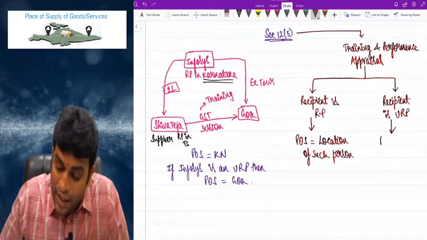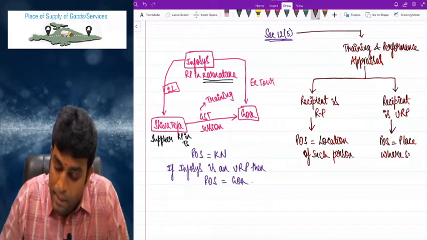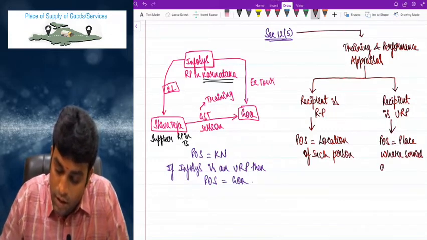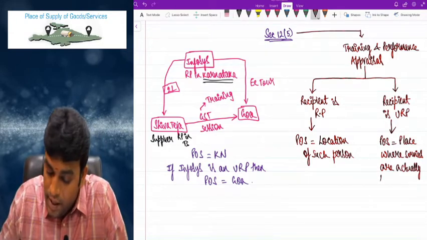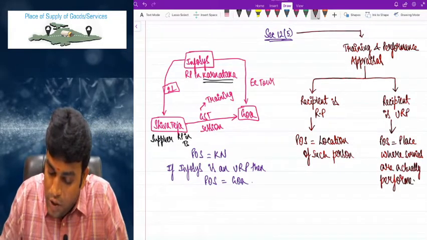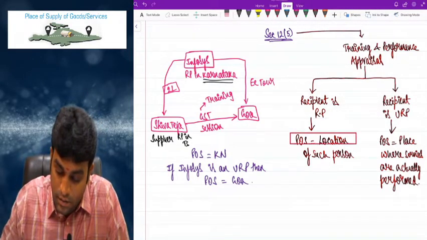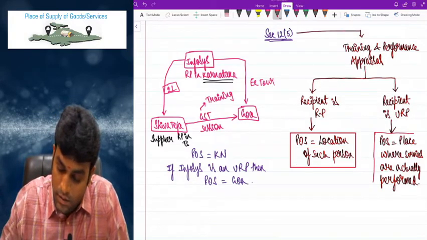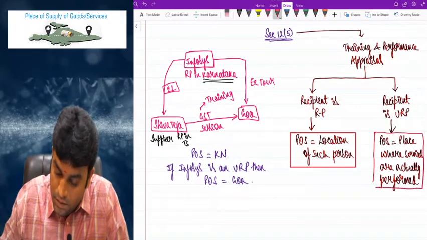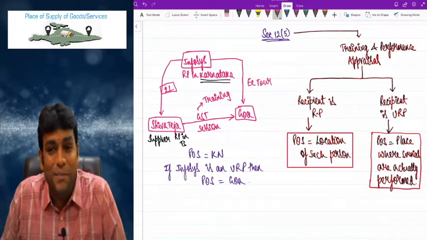And if the receiver is an unregistered person, place of supply is the place where services are actually performed. Clear, friends? That is the end of the story for 12.5. Pretty simple but very important.